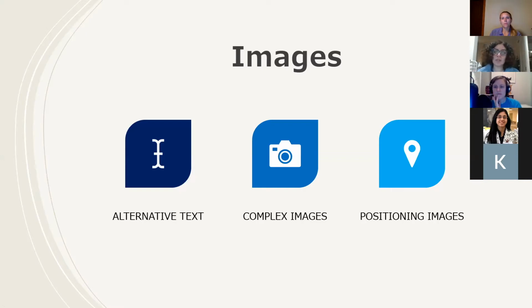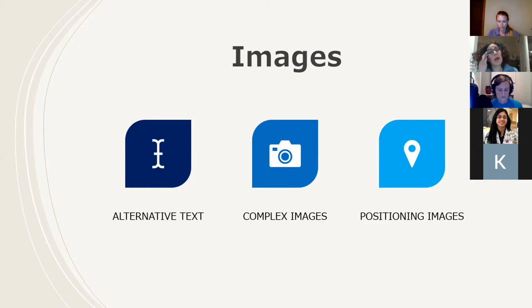Now, complex images are generally images that represent a large amount of visual information and require a lot of alternative text. Because it's a complex image, the amount of text required in the description is generally more than what is deemed acceptable in an alternative text description field. So in these cases, there are two recommended ways to make that complex image accessible. One is to have a narrative leading up to it, explaining it in the text, or a data table.